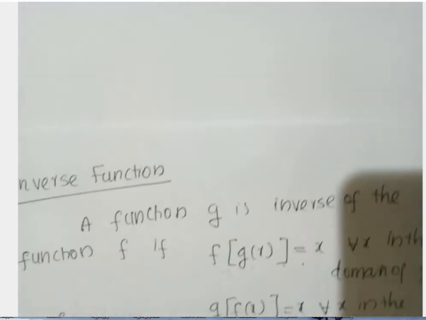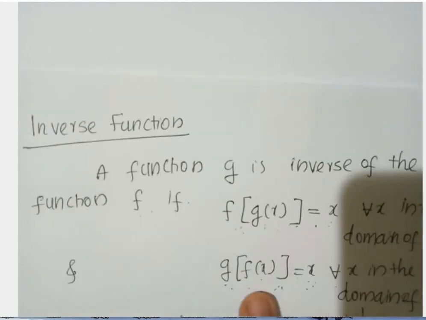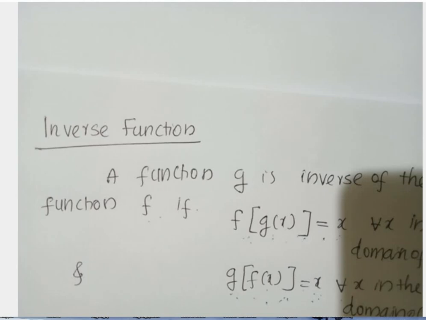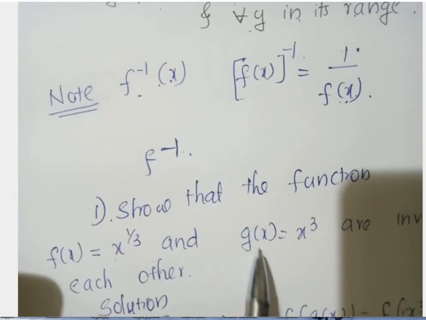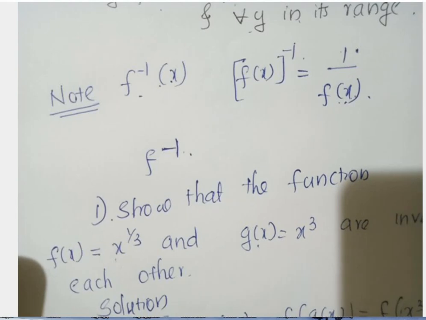So we can say that here f of g of x equal to x and g of f of x equal to x for every x in the domain of g and for every x in the domain of f. So f of x equal to x raised to 1 by 3 and g of x equal to x cube are inverses of each other.